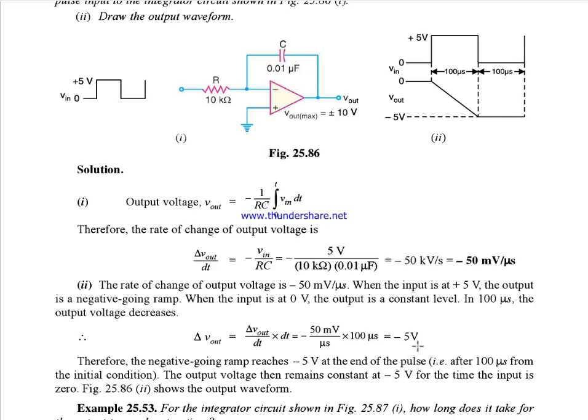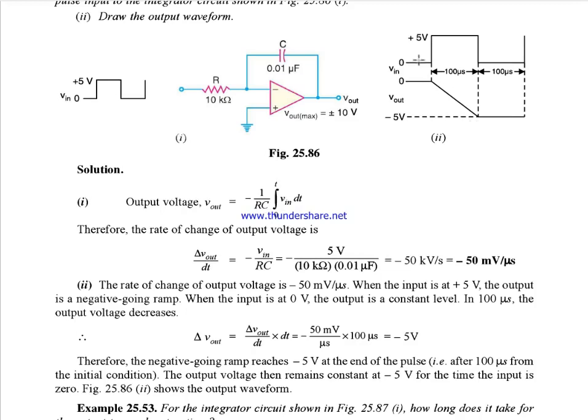So actually the output voltage is minus 5 volt, but how does this output actually look? Since V in is a constant voltage, and V out is directly proportional to V in, it will be a ramp, a straight line.